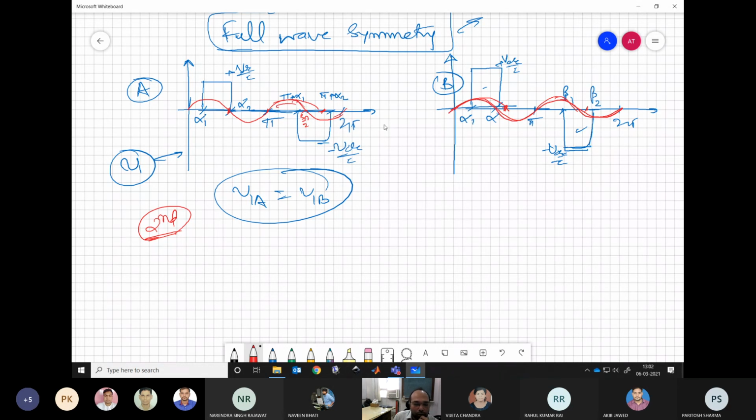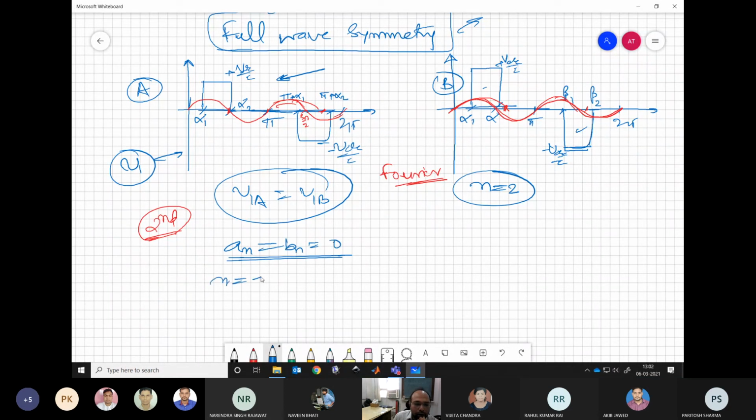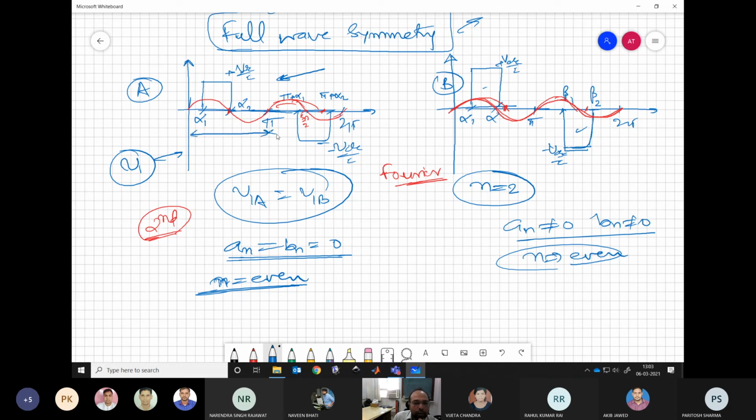Now again, if you do the Fourier analysis and come up with the expressions for the component for n equal to 2, what you will find is that this waveform will have all those components an equal to bn equal to 0 for n even. Whereas waveform B will have non-zero components for all n even. So what we are doing basically, we are maintaining some symmetry within the waveform.